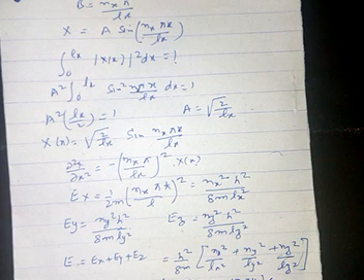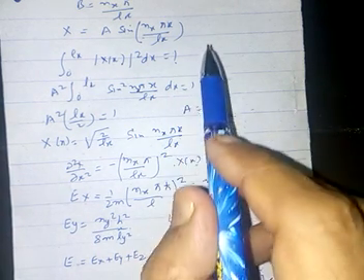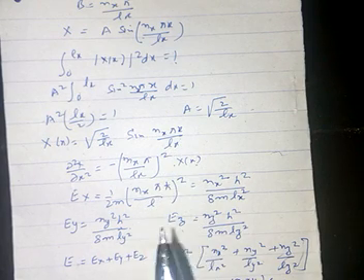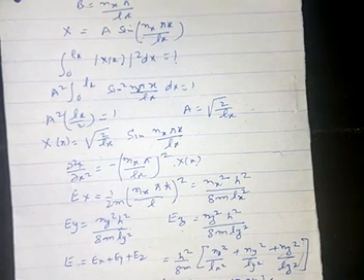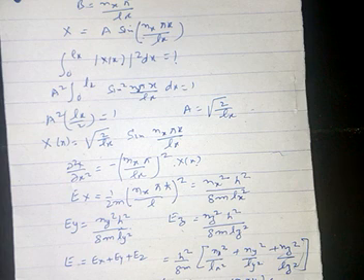The complete wave function has the form psi is equal to X times Y times Z. Putting in these values of X, Y and Z, this is equal to √(8/(Lx Ly Lz)) sin(nx π x/Lx) sin(ny π y/Ly) sin(nz π z/Lz). That's it.